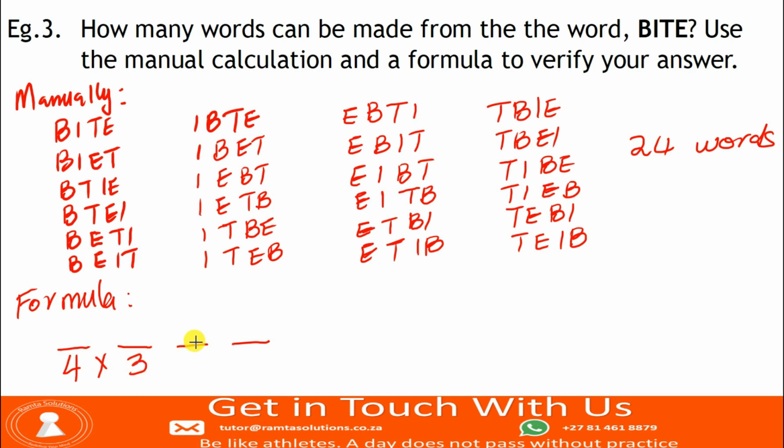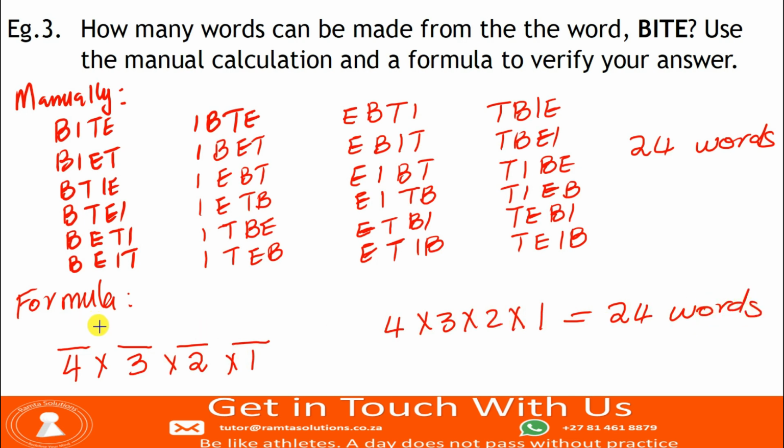This means for the third letter, you will have 2 letters to choose from. For the fourth, you take 1 from 2, you're left with 1. So this is 4 times 3 times 2 times 1. It will give you 24. Therefore, you have 24 words.